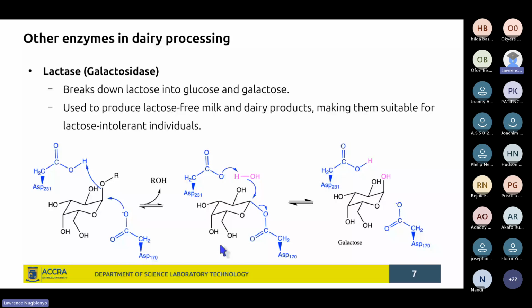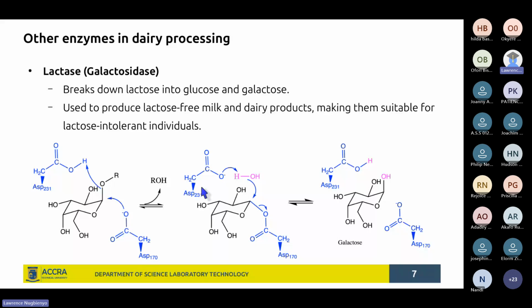You have lactase. Lactase is an enzyme which we talked about to be an absolutely specific enzyme which acts on lactose, breaking it down into glucose and galactose. Now, with that in mind, lactase is used in the production of, say, lactose-free milk, so that persons with lactose intolerance can consume such milks.